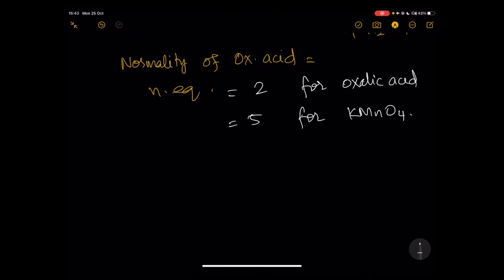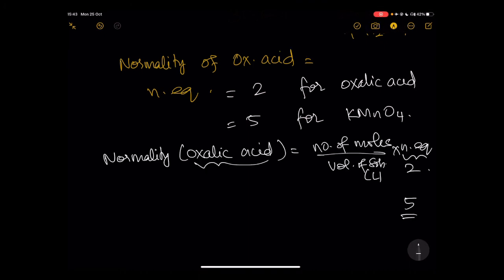So the number of equivalents that's going to be present for oxalic acid is going to be determined by the number of electrons it ended up donating. So basically the number of equivalents is going to be 2 for oxalic acid, while it's going to be 5 for potassium permanganate.